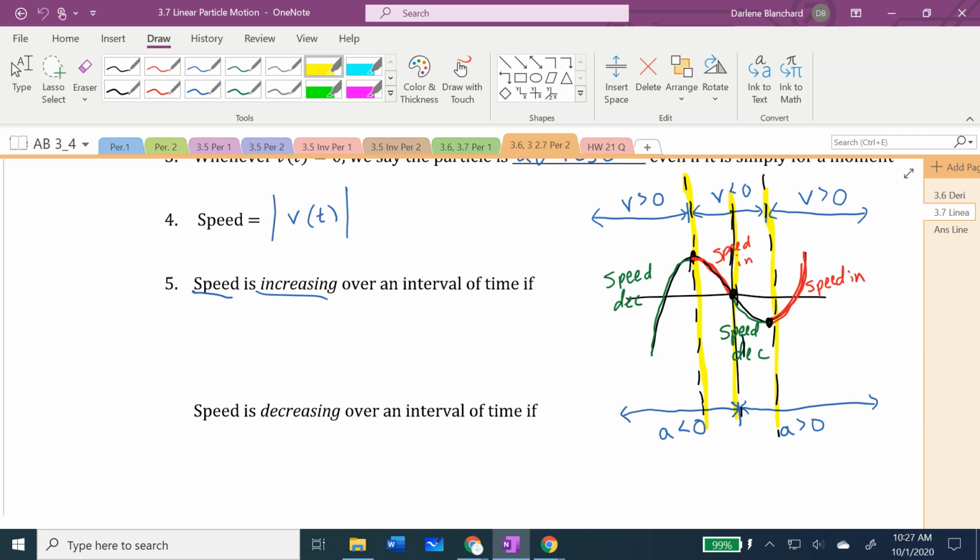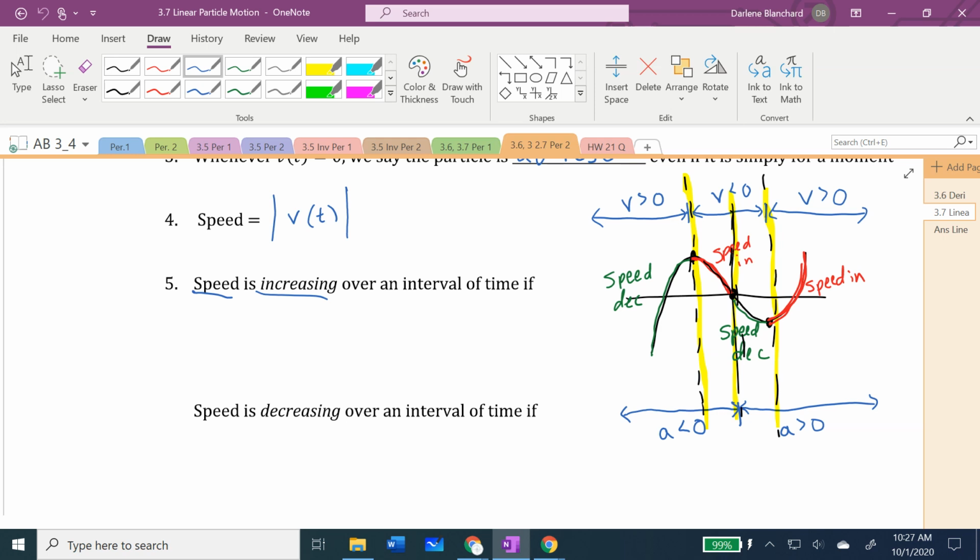When acceleration and velocity are the same sign, you have an increasing speed. When they are opposite signed, your speed is decreasing. And on an AP exam, when you justify speed increasing versus decreasing, that is precisely what you must use. You must specifically state whether your velocity and acceleration together, what are they, positive and negative?